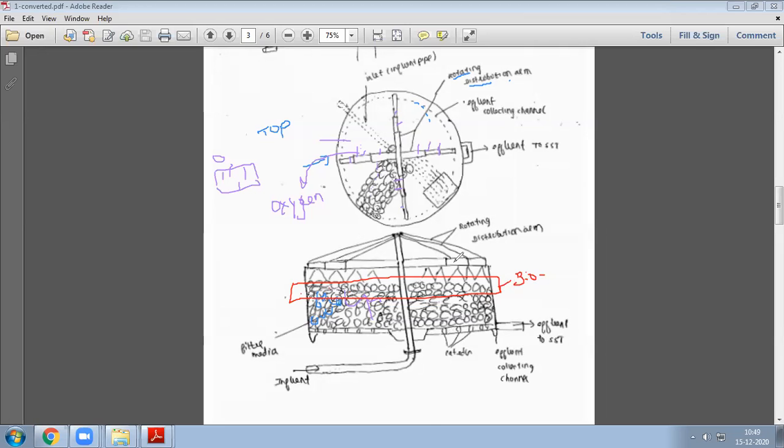So where is the pure water collected then? You're seeing the effluent to SST. Here all the pure water starts coming, and it will further go to one more settling tank. One treatment unit will be there, then one more tank they will provide again.